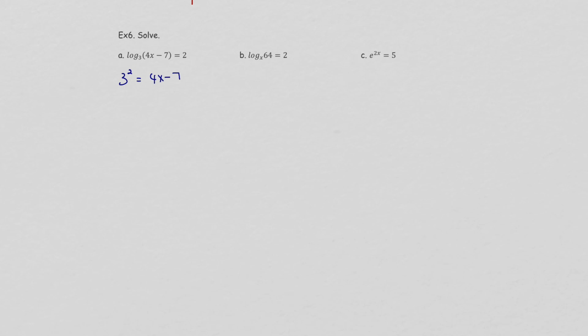It was lucky enough that it's linear now, right? So it will be 9 equals 4x minus 7. You add 7 to both sides, get 16 equals 4x, divide by 4 on both sides, and solving for x, you get 4.